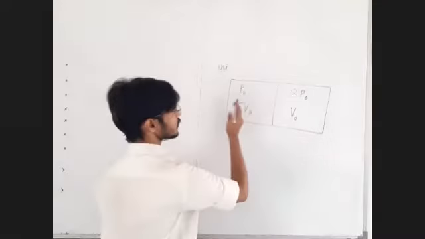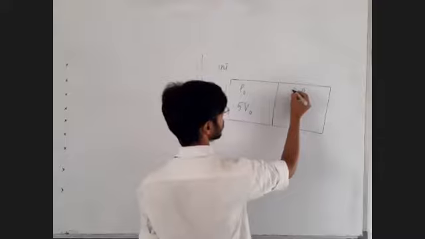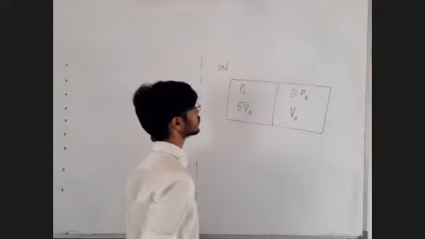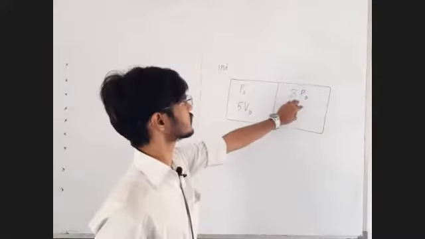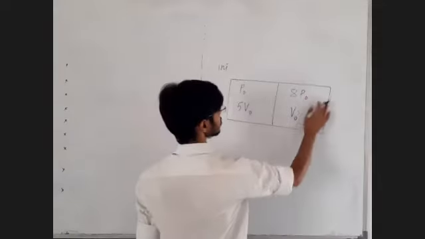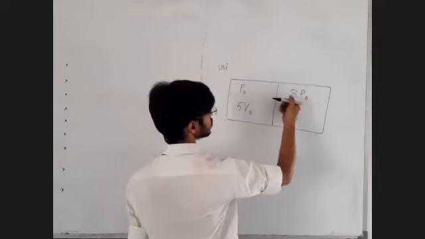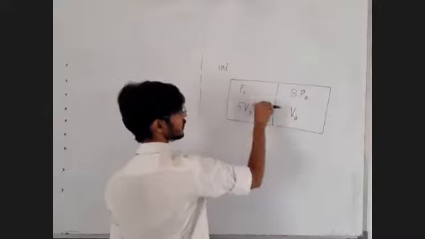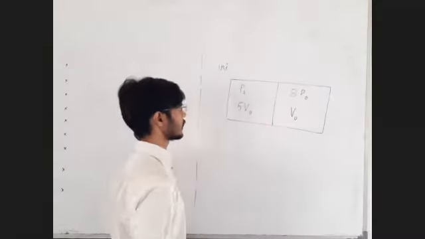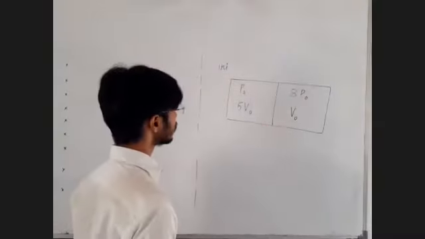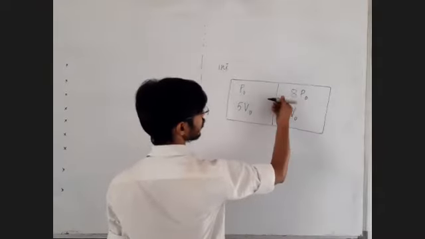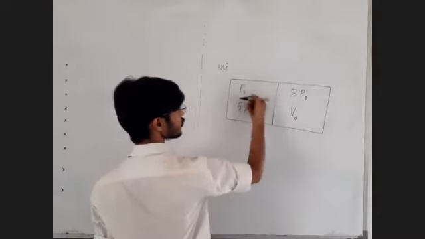The piston will either move leftward or rightward depending upon the direction of the net force. Here the pressure is higher, so this gas will exert more force, and this gas will exert less force. Area is same. So this force will be more, this force will be less. Piston will move in this direction.